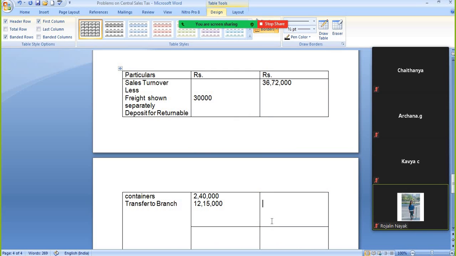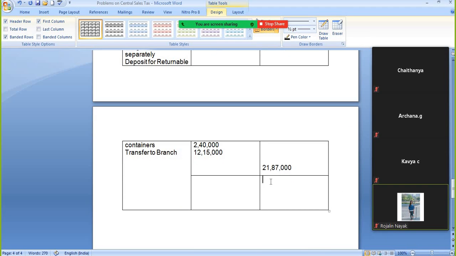So here I'll put 14,85,000. From 36,72,000 reduce 14,85,000.